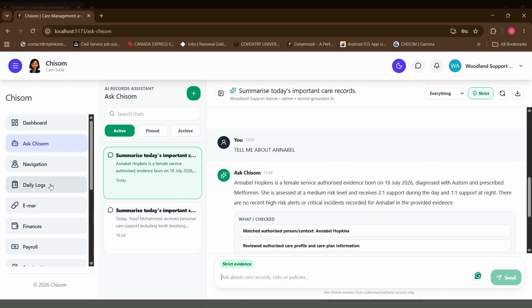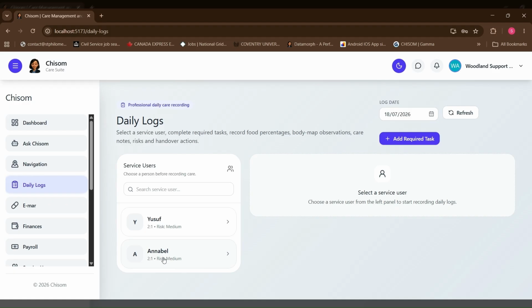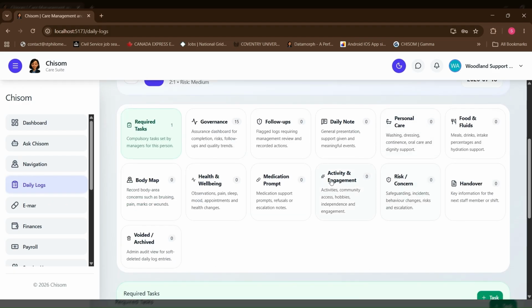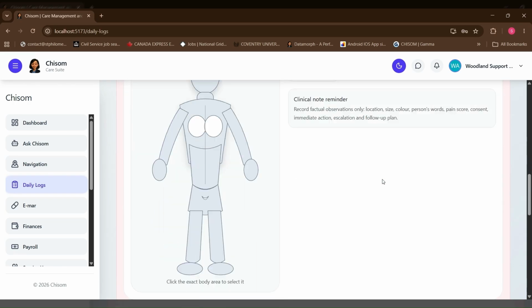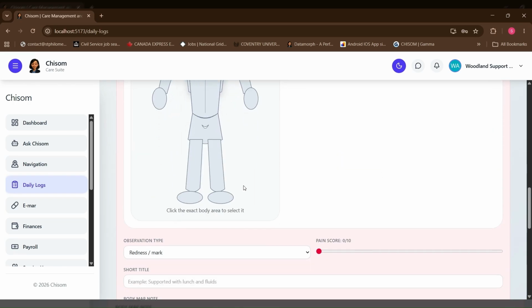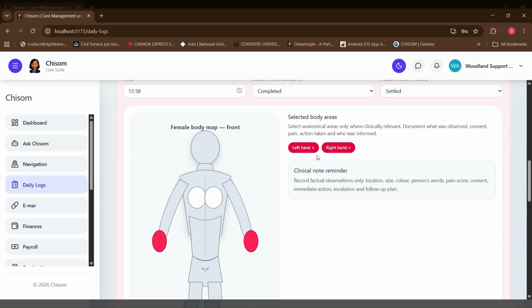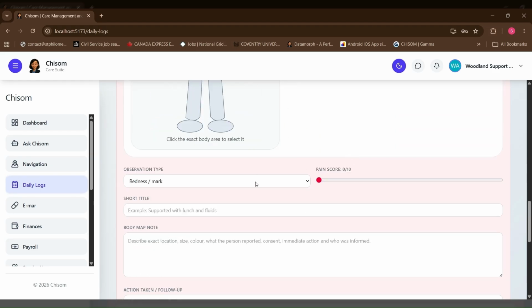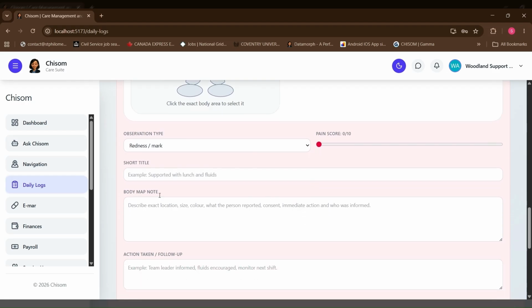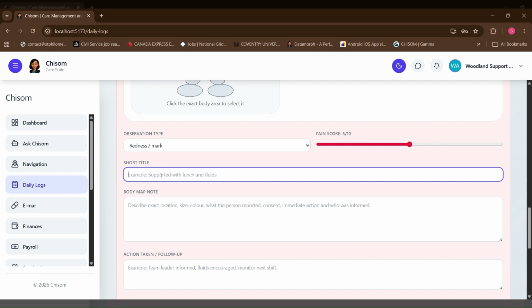So now if we go to daily notes for Annabelle, let's say for instance we click on this and then we come to, for instance, body map. So let's say Annabelle has a bruise on both hands, right? So I can select left hand and right hand and then come to, let's say, pain score is like 5. I can write a title, bruise on both hands.